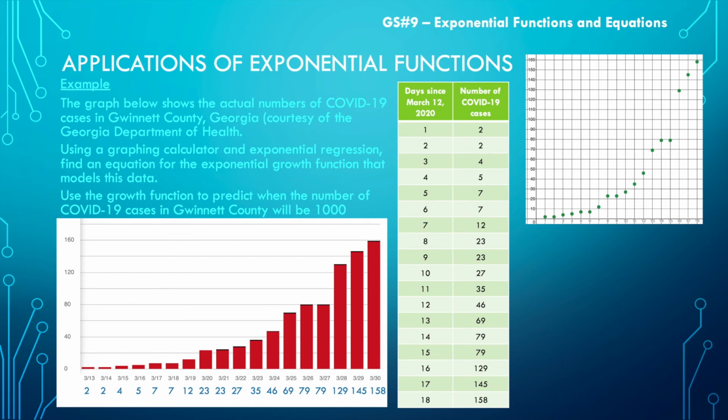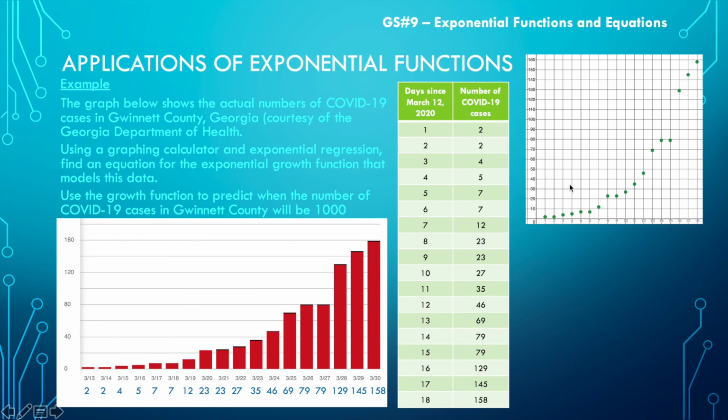You'll find that on your TI, but you can also use Desmos to do regression. So regression is fitting a curve to the data that we're given. And so you've kind of got to look at the data and decide, well, what kind of function does that most look like? You can make a case for, well, it kind of looks linear.